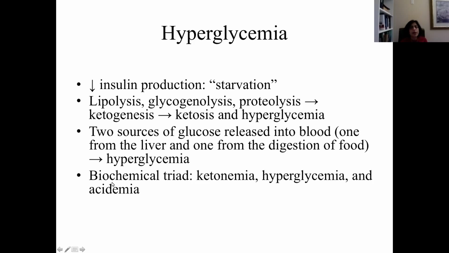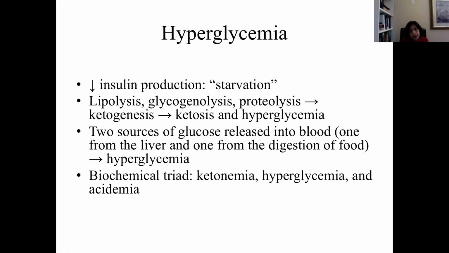All right, so you have a biochemical triad at this point: ketonemia, hyperglycemia, and acidemia. Ketonemia, blood levels of ketone bodies are very high. That's what you call ketonemia. Hyperglycemia, we already know what that is, greater than normal levels of glucose. And then acidemia. How did we get the acid here?